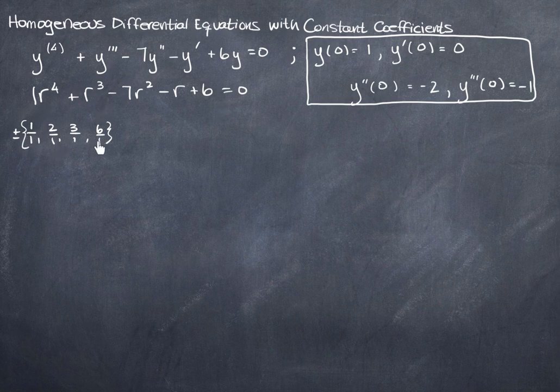So you might have to go through the long division or the synthetic division process a couple of times. But in this case, having done all of that, I can say that the roots are equal to 1, -1, 2, and -3. And with that, I can write the general solution.